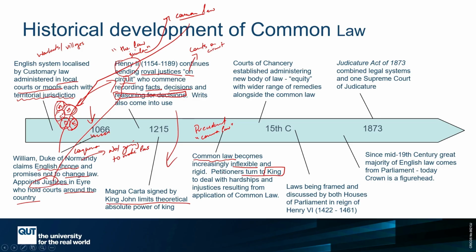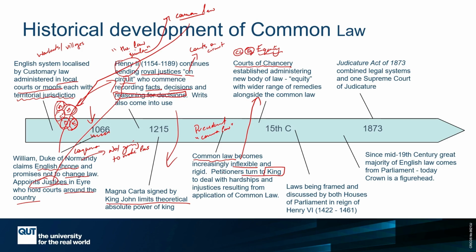And as they do that, the king says, well, I actually want to be out having a good time, conquering things, hunting, etc. I don't want to be listening to people gripe about their legal cases. So he establishes another court, the Court of Chancery, which has this area of law we refer to as equity. So what we can start to see is the rise of these different courts, so common law and equity.